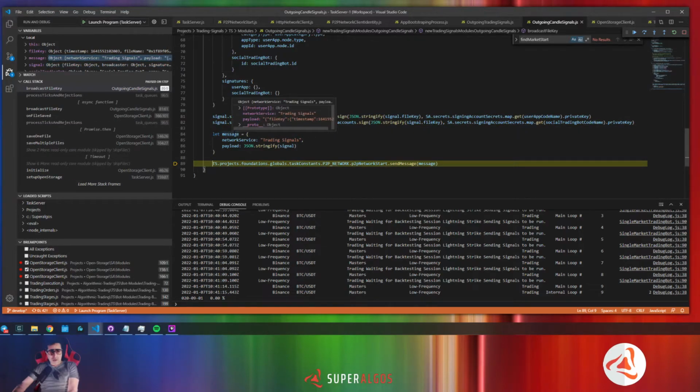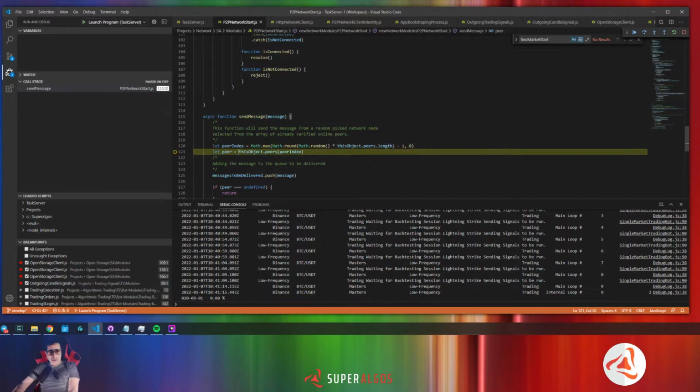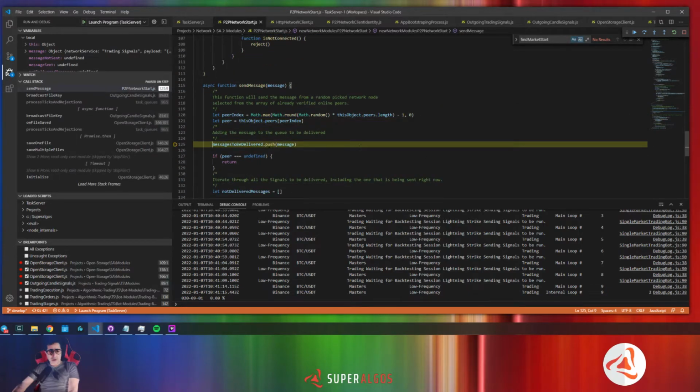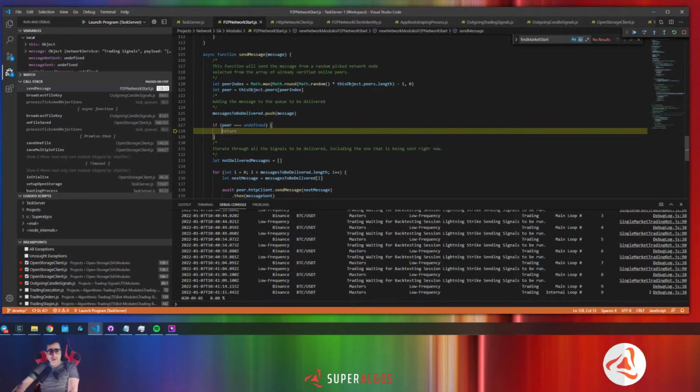So now we got a message with the network service trading signal, and the payload is this, and it's coming all the way to the network start. That is going to pick a peer. Message to the delivery.